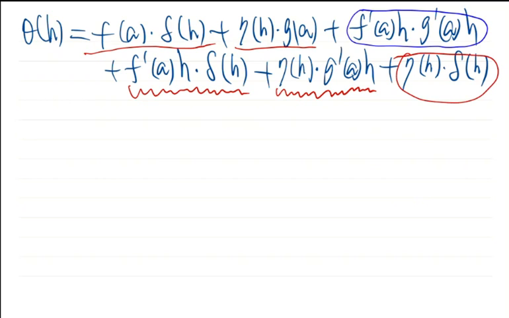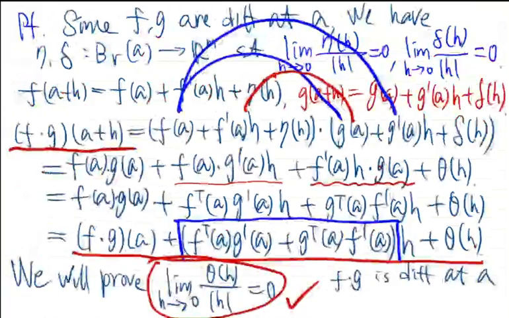For each type, studying one of them is enough, so we will consider the first term. We need to prove that theta h divided by the norm of h goes to 0. So we need to prove that every term has this property. If every term has this property, then the result is proved.